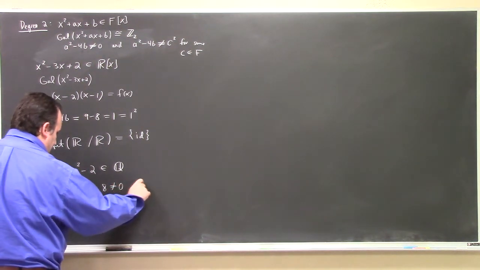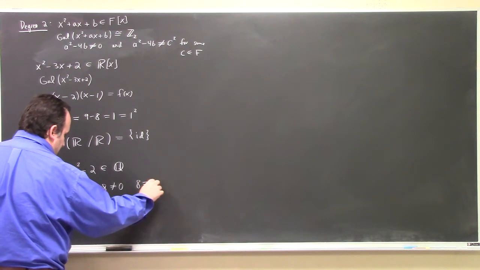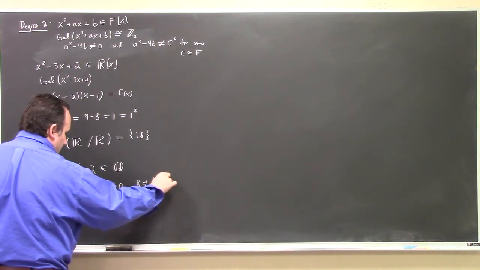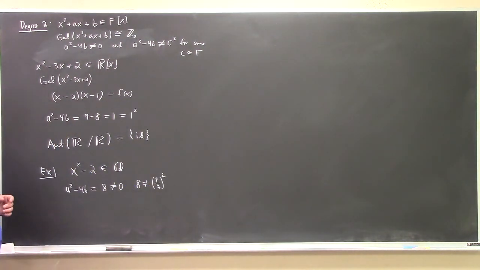And 8 is not a rational square. You cannot take a rational number p over q, square it, and get 8, because the square root of 8 is 2 root 2, and root 2 is poison from a rational perspective. So the discriminant is not a rational square.